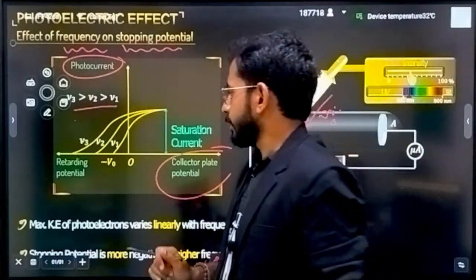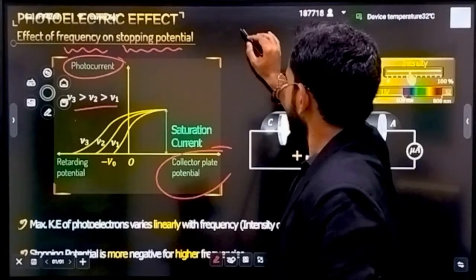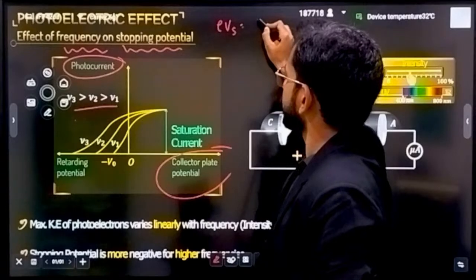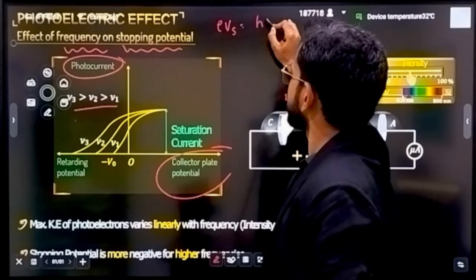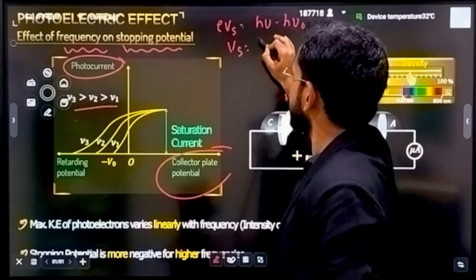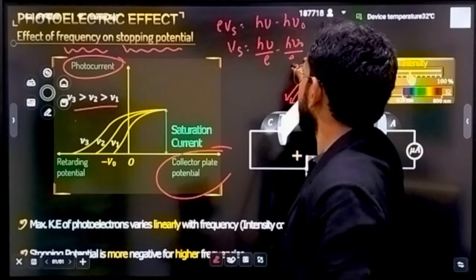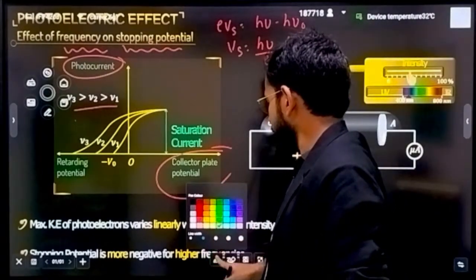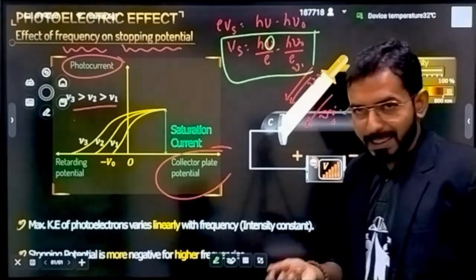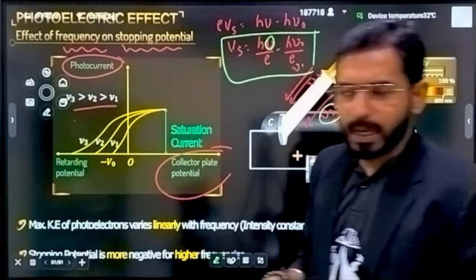Now see what will happen. Write the relation: E into stopping potential is equal to h mu minus h mu naught. That means the stopping potential is equal to h mu divided by E minus h mu naught divided by E. Correct? Now observe one thing. What will happen if you keep increasing the frequency? Mu3 has the highest frequency.